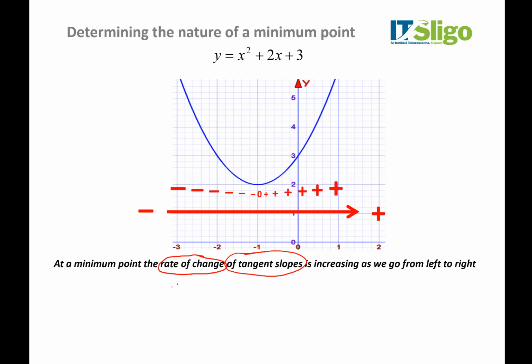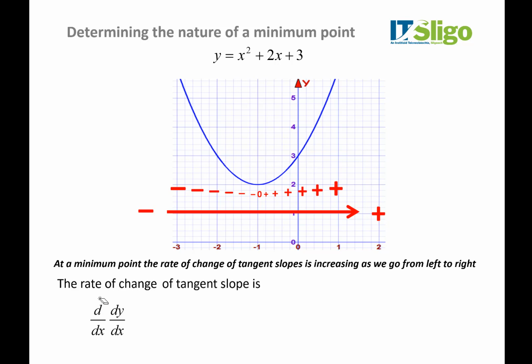Now rate of change is got by dy dx, and tangent slope is also dy dx. So we're essentially taking the derivative of a derivative. So the rate of change, that's d dx, normally we would have a y in here, but we're not done yet, of tangent slopes.